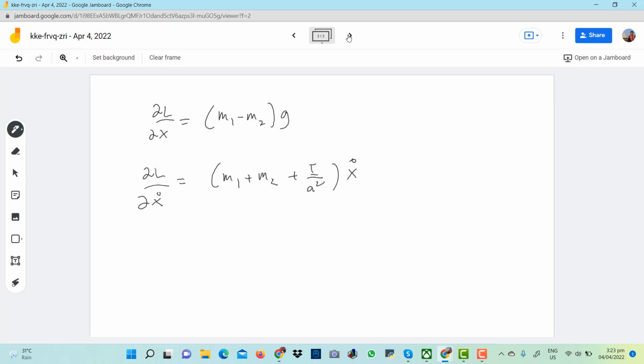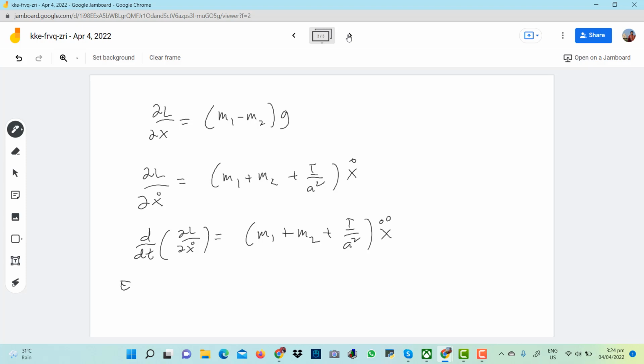Therefore, the d/dt of partial L partial x dot is equal to m1 plus m2 plus I over a square times x double dot.